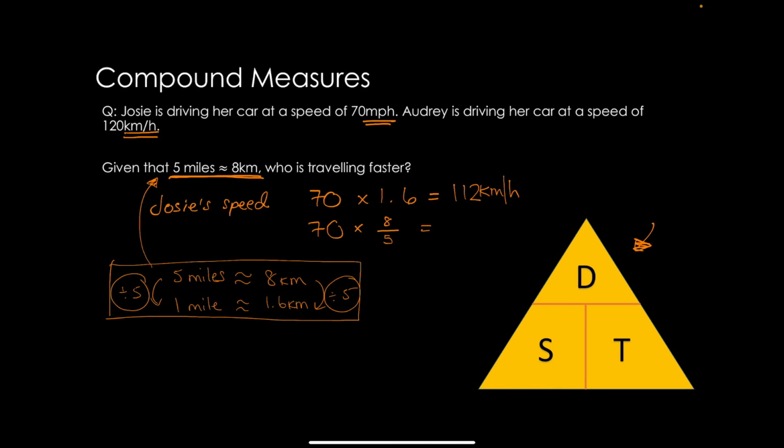You can either do 70 divided by the bottom times the top, which is what we normally do when we find fractions of amounts, or you could do 8 divided by 5, which is your decimal version, giving you 1.6. You end up doing the same thing anyway. So it's 112 kilometres per hour, just depends how you want to write it out. And because it's 112 kilometres per hour, we know that Audrey is travelling faster.